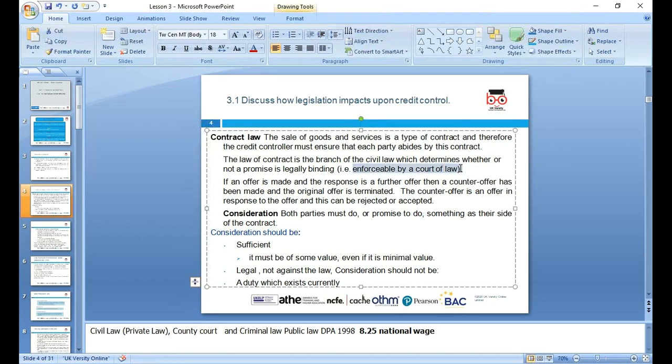The law of contract is a branch of civil law which determines whether or not a promise is legally binding, enforceable by a court of law. If an offer is made and the response is a further offer, then a counter offer has been made and the original offer is terminated. The counter offer is made in response to the offer, and this can be rejected or accepted.